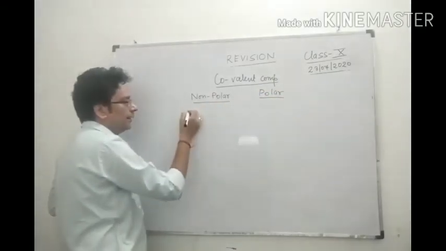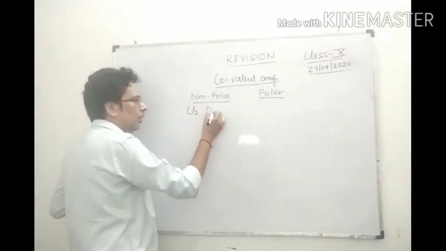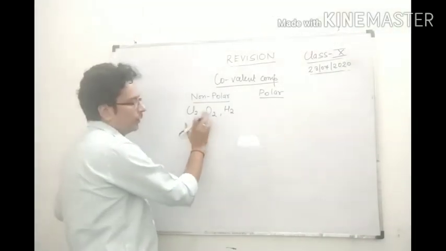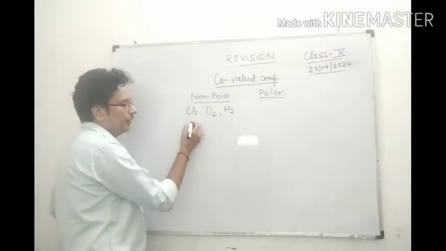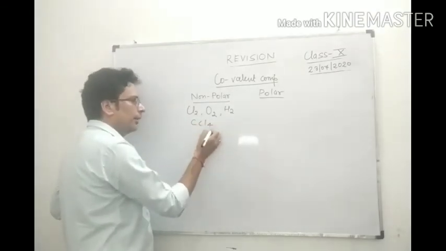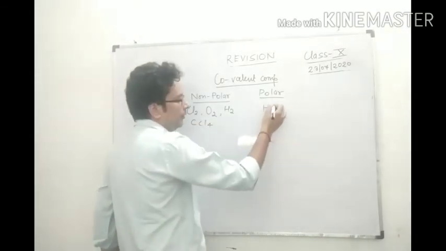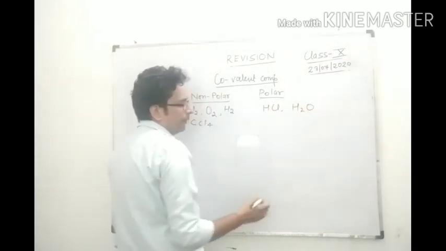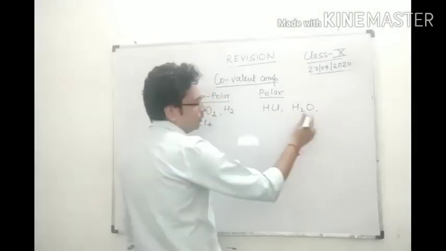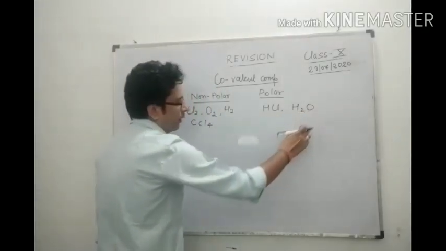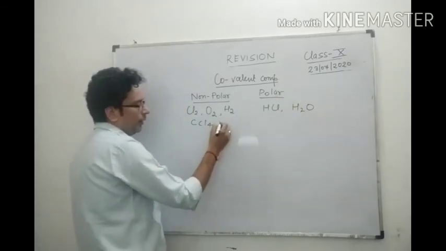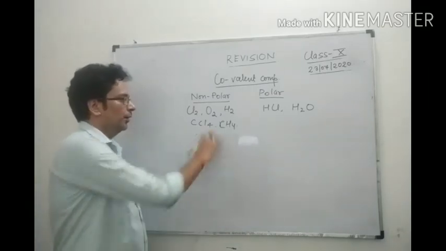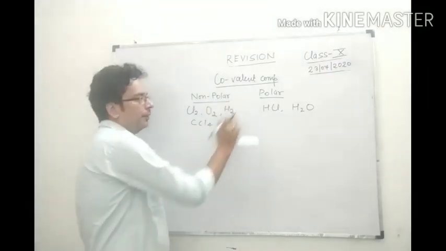Non-polar examples: chlorine, oxygen, hydrogen, where there is no difference in electronegativity, and carbon tetrachloride. Polar examples: HCl and H2O. CH4 methane is non-polar. So these are examples of non-polar and polar molecules.